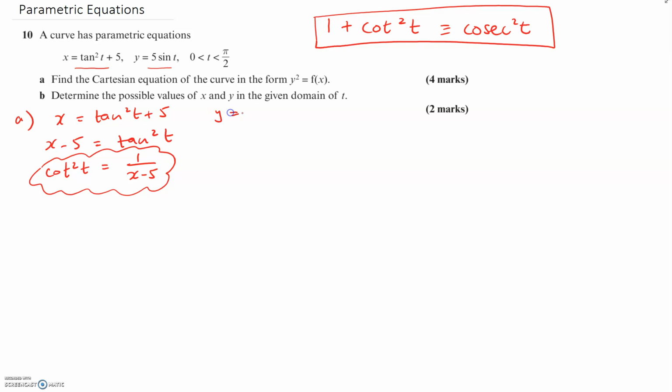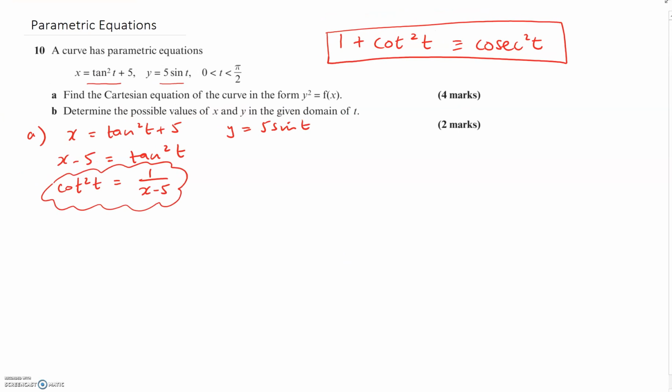Let's look at y equals 5 sine t. So I can get sine t on its own by doing y over 5, and therefore cosec t is 5 over y.